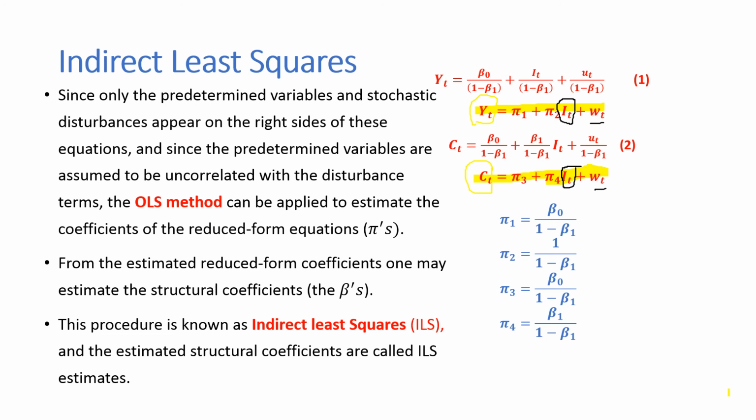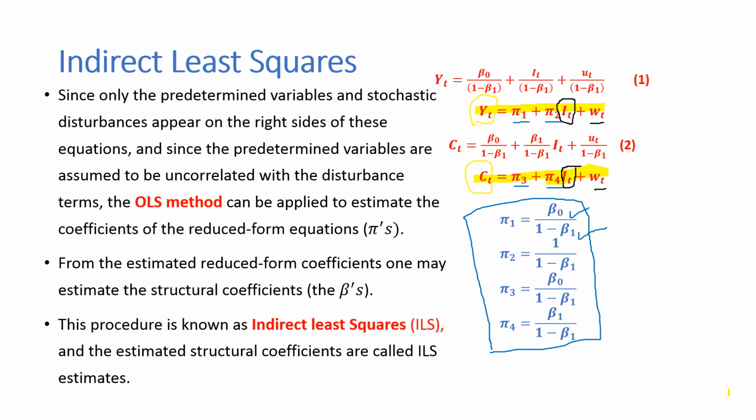But in this case, we are not estimating the original structural equation. We are not obtaining beta naught and beta 1, but instead we are obtaining pi 1, pi 2, pi 3, pi 4. But as we said, pi 1 is simply a function of beta naught and beta 1, and again pi 2 is a function of beta 1, pi 3 is a function of beta naught and beta 1, and pi 4 is a function of beta 1. So we can solve these equations simultaneously to find the values of beta naught and beta 1.